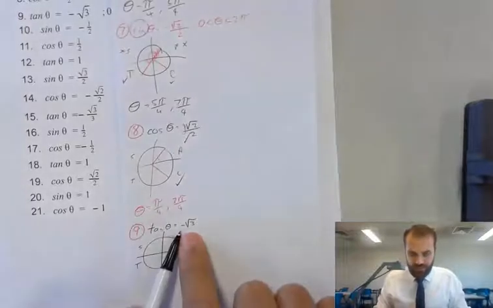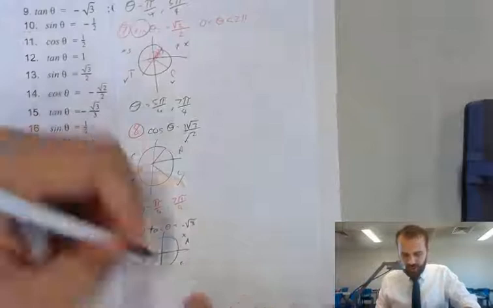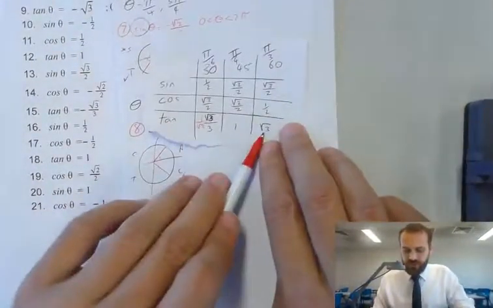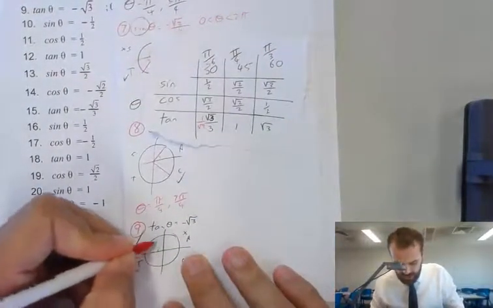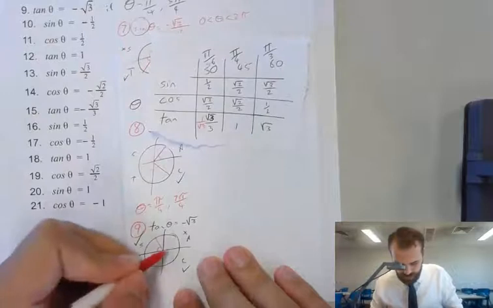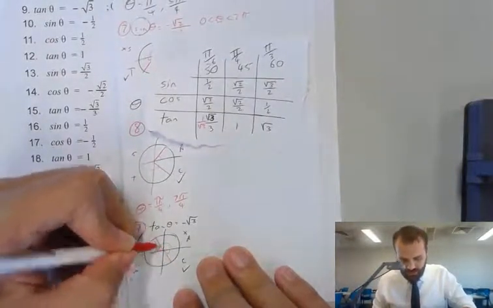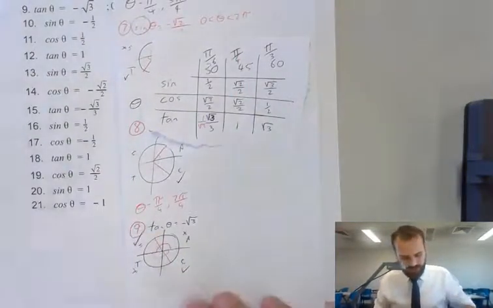It's negative, so it's not going to be in the tan quadrant, it's not going to be in the all quadrant, it's going to be in the sine and the cosine quadrant. Tan root 3 is pi on 3, 60 degrees. So 60 degrees from there and 60 degrees from there. So the two angles we want are this angle and this angle. Pi on 3, 2 pi on 3.